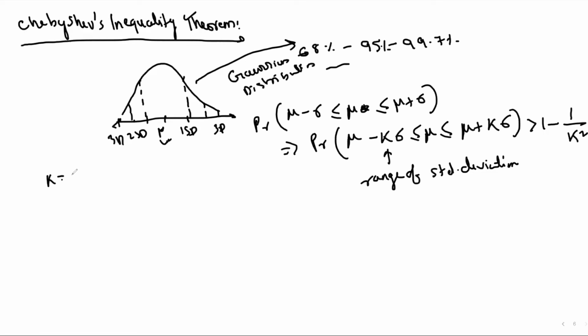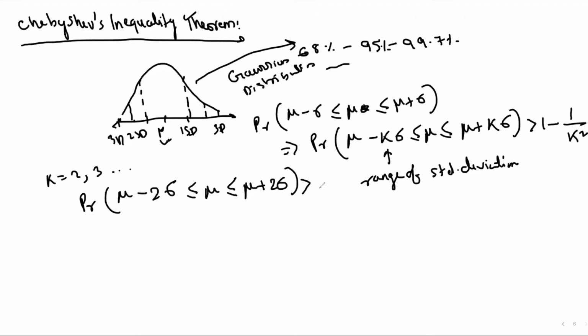So for k equal to 2 or k equal to 3, how will you calculate? Let's say for k equal to 2, meaning the second standard deviation. The probability of the data falling between its mean and second standard deviation is given by this formula, 1 minus 1 by k square. k square, 2 square is 4, so it is nothing but 3 by 4, so nothing but 75%.